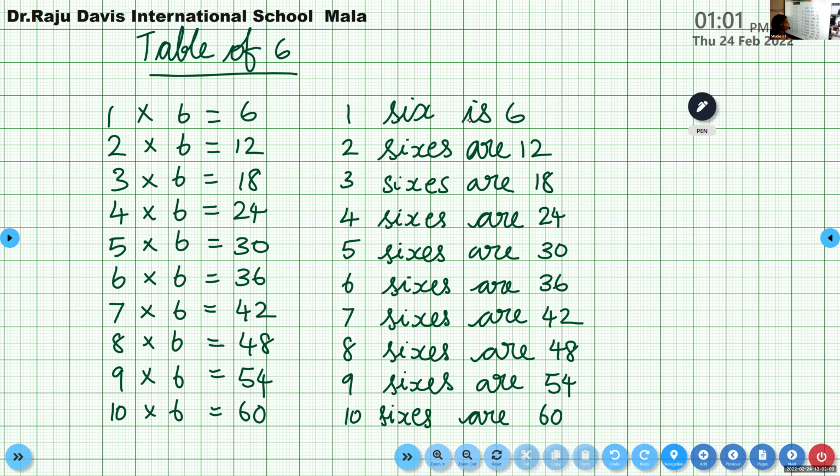You continue, Ivania. 1 into 6 equals 6. 2 into 6 equals 12. 3 into 6 equals 18. 4 into 6 equals 24. 5 into 6 equals 30. 6 into 6 equals 36. 7 into 6 equals 42. 8 into 6 equals 48. 9 into 6 equals 54. 10 into 6 equals 60.